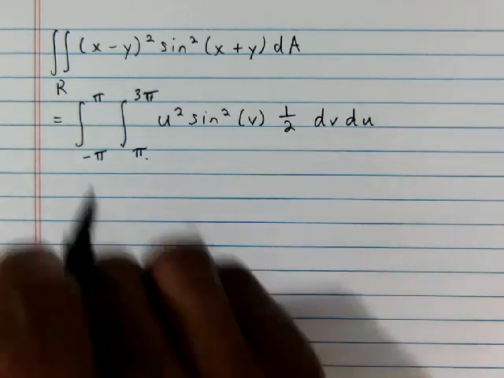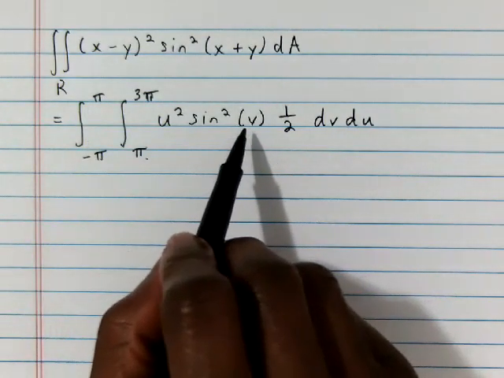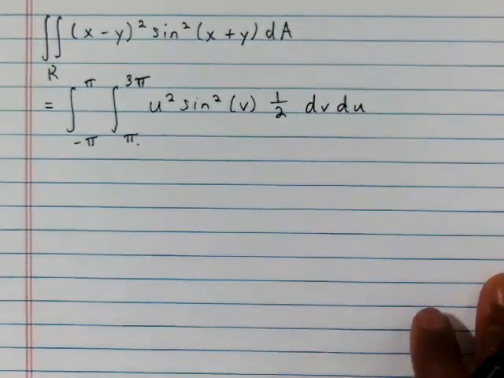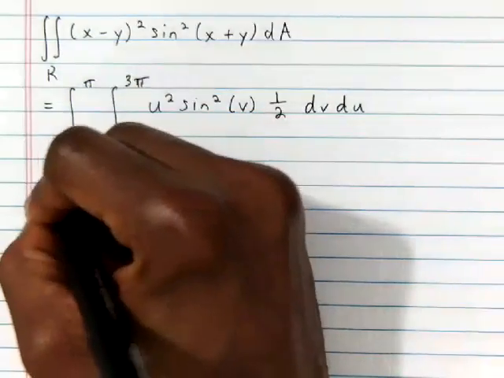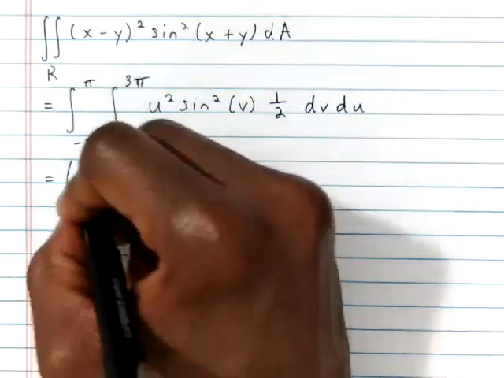Actually, because these are all constants, you can split this up into a function of u times a function of v. We can use this approach and rewrite this as, oops, I left off my 1/2, so I'll put it somewhere.